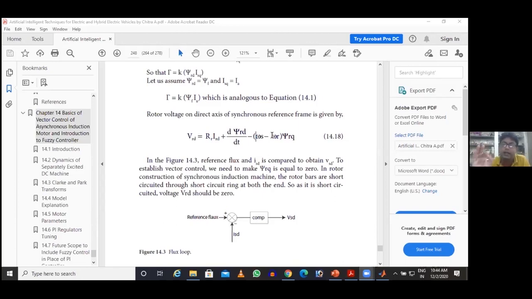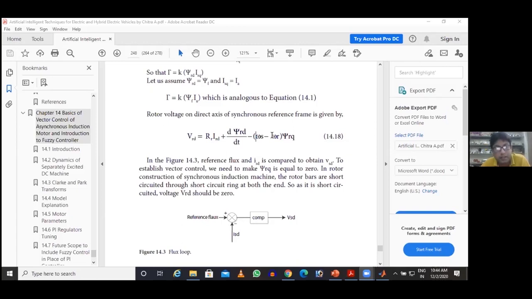So now the main technical statement behind the vector control or field oriented control of an induction machine is to align the instantaneous rotor flux with the direct axis of the synchronous rotating reference frame. Again, I am repeating.